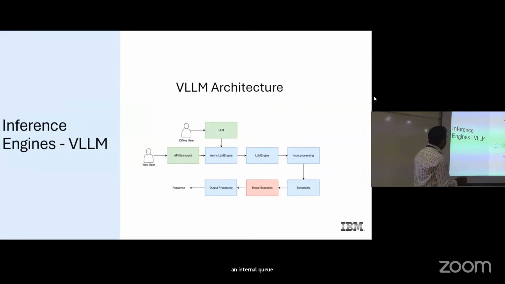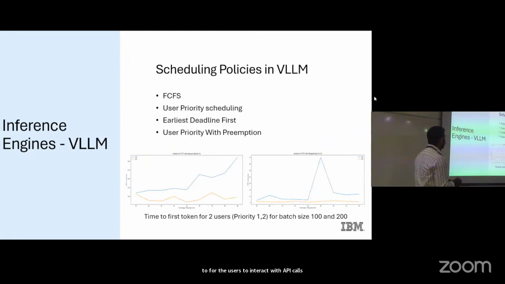Here one change is that you can import vLLM as a Python package and do offline inferencing, or you can host it in a cloud or an infrastructure with GPU for users to interact with through API calls. vLLM also comes with different policies: FCFS, first come first serve, is the default policy, and we have user priority scheduling, earliest deadline first, and user priority with preemption.